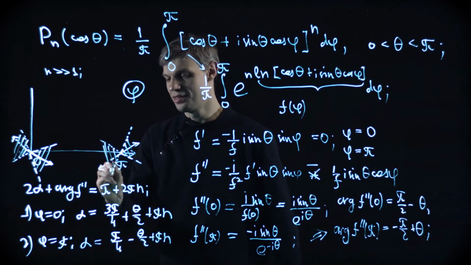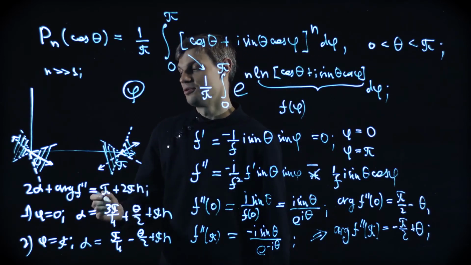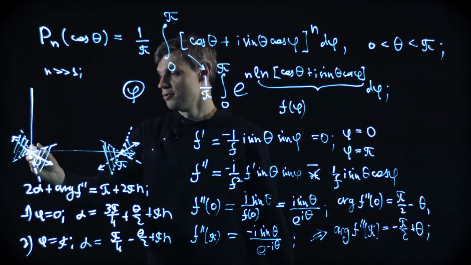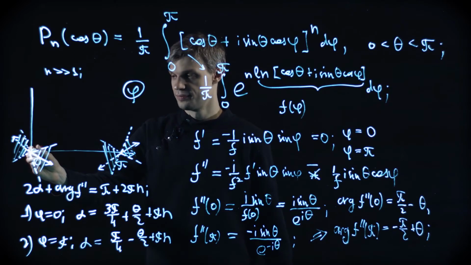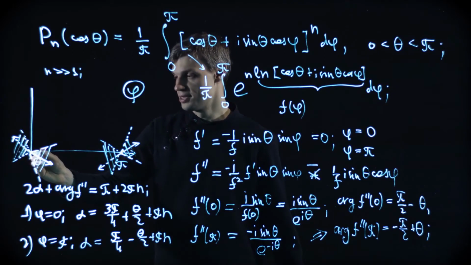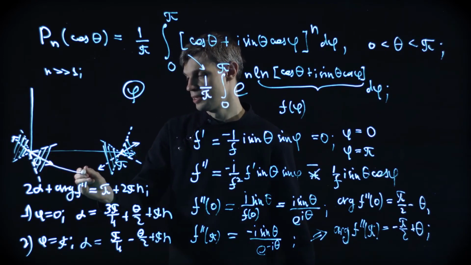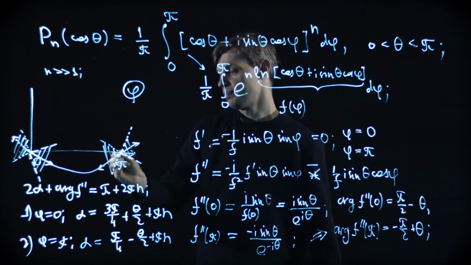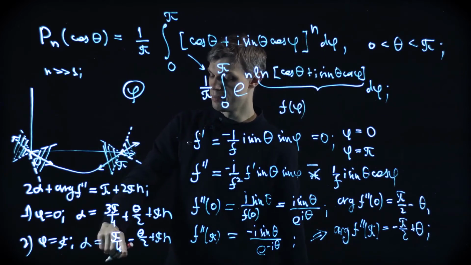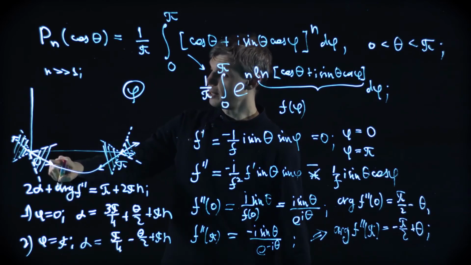Well, now I think you already guessed what the correct deformation of the contour is. It's always the most natural path. So we start here, and of course we won't go like that. The more natural path is we go like that, and then we connect to the second path, which is inclined in this direction. So this is basically the pi by 4 direction, and this is minus pi by 4.